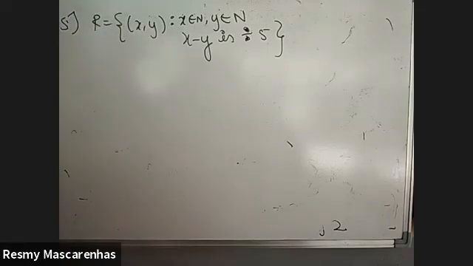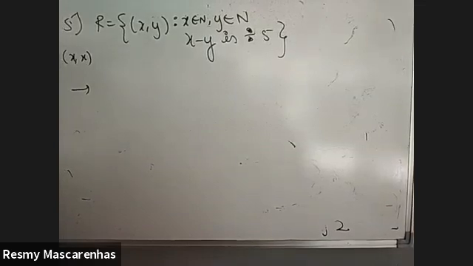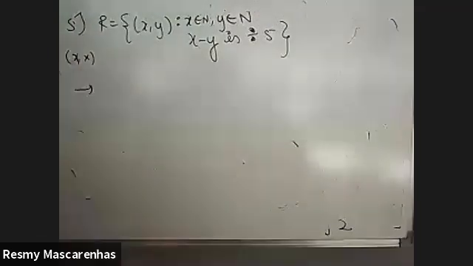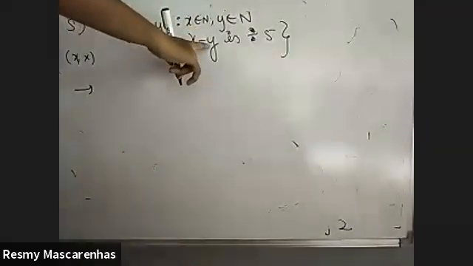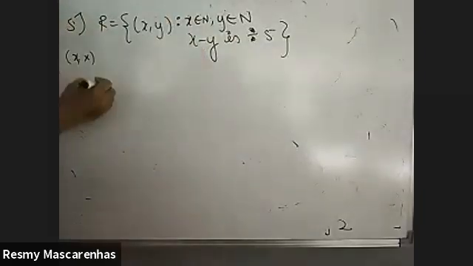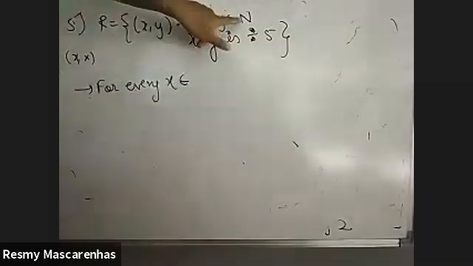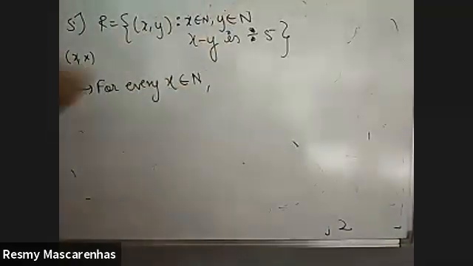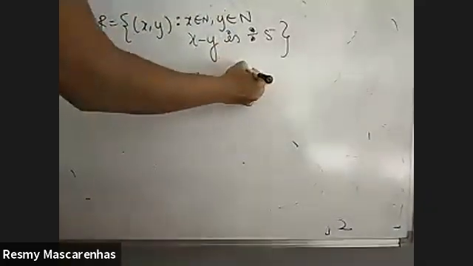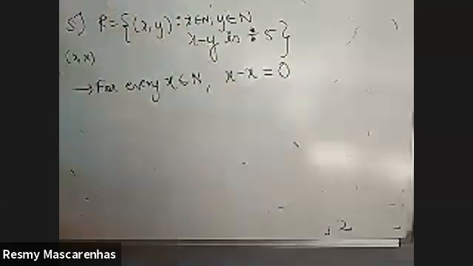Okay. Same thing you have to repeat. Now it is x comma y instead of a comma b. So first time what will you have to check? X comma x, for reflexive. So for x comma x, instead of y you have to put x and check. So simply you have to write, for every x belonging to N, which is given. Okay. So instead of y, just put x and see. X minus x is equal to 0.